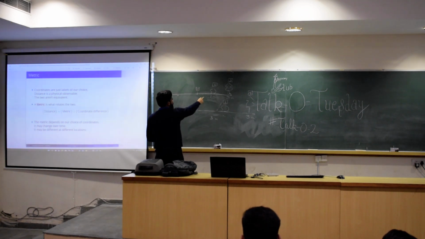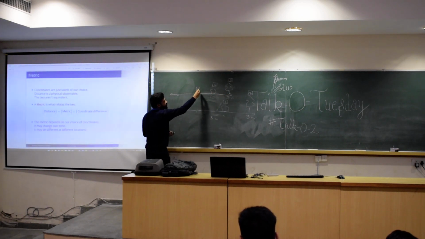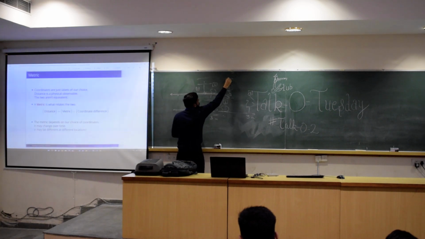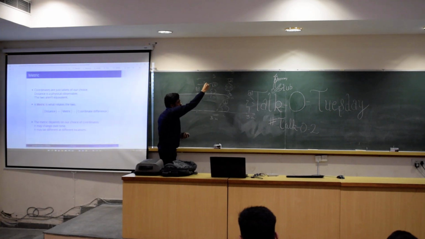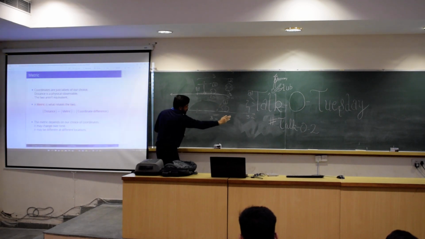For example, in this case, what the metric would basically do is, if you give as input the coordinate difference, let's say 1, then it will give output as 1 meter. In the other case, if you give input 3, it will give the output as 3 meters. But in the second case, the metric has of course changed because our space has expanded.